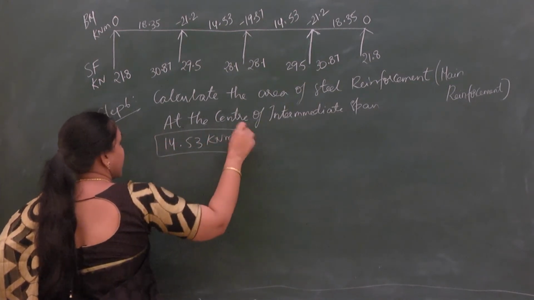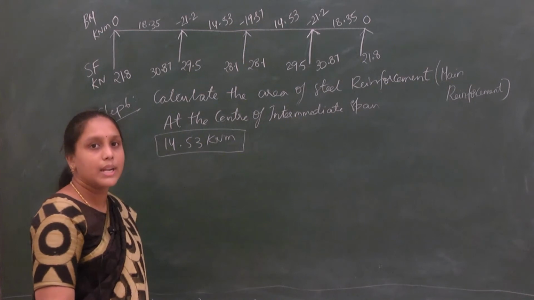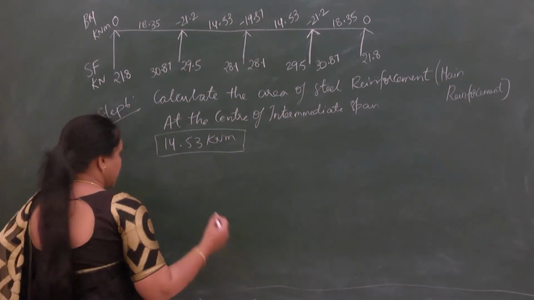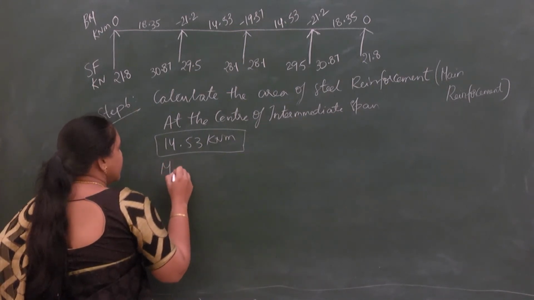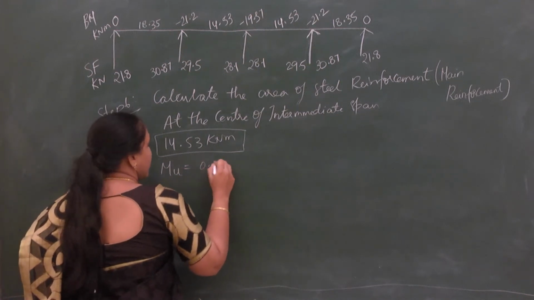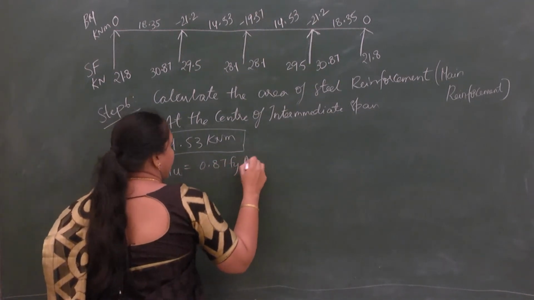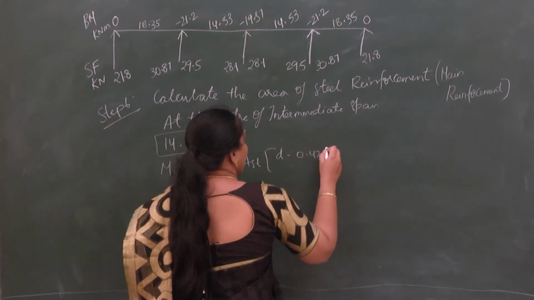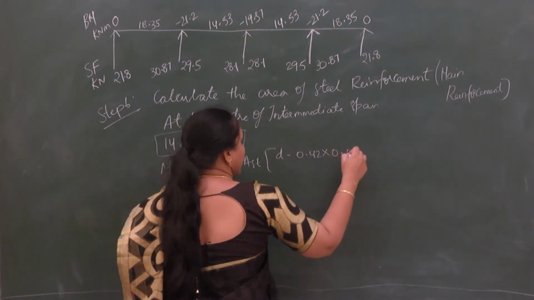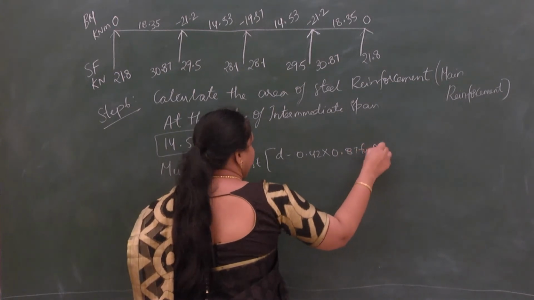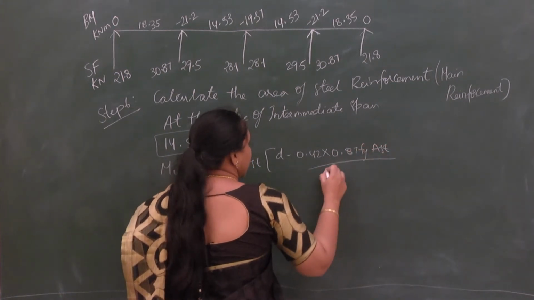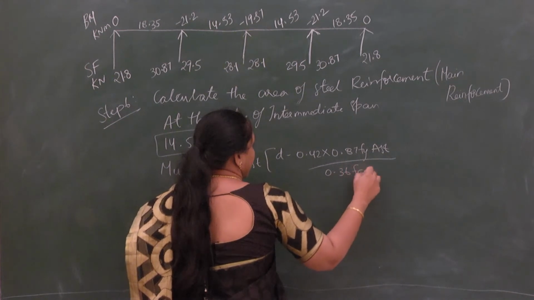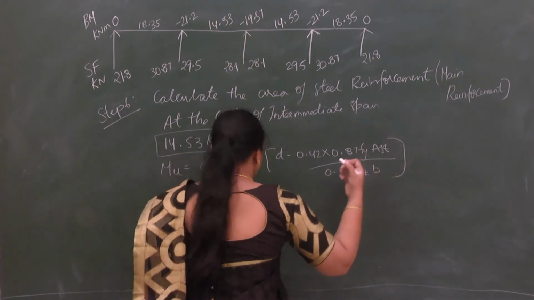For this particular bending moment, now we are going to calculate the area of steel. I will calculate using the same equation. Mu is equal to 0.87 Fy into AST into d minus 0.42 into Xu. Xu here will be 0.87 Fy into AST divided by 0.36 FCK into b.